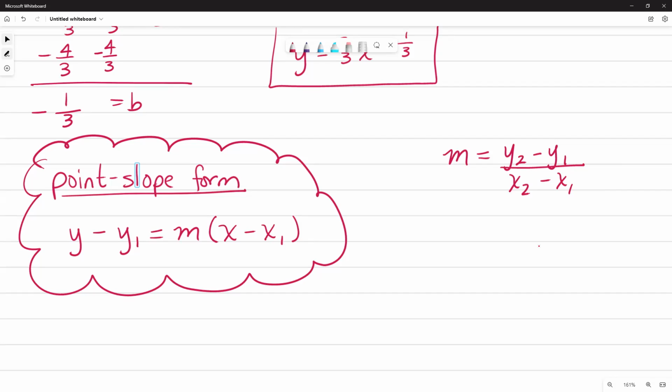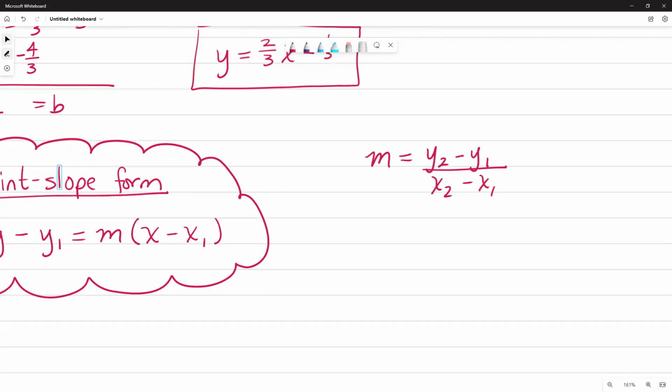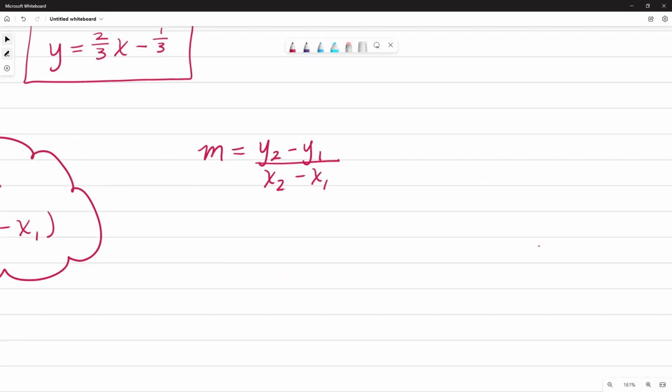But we need to replace point 2 with a generic point. Everybody got that point slope form? I'll come back to it. So in this case, we have point 1 is our x1 and y1.